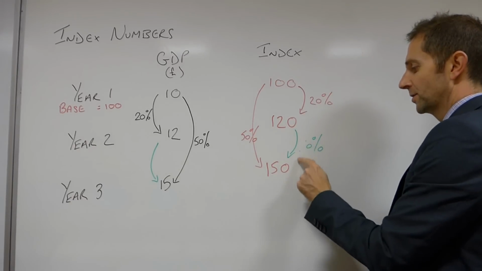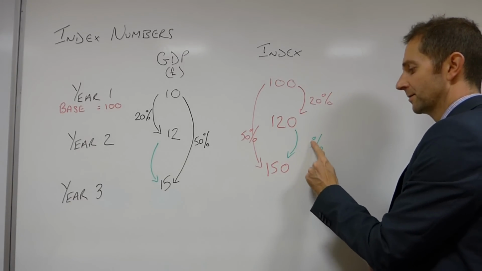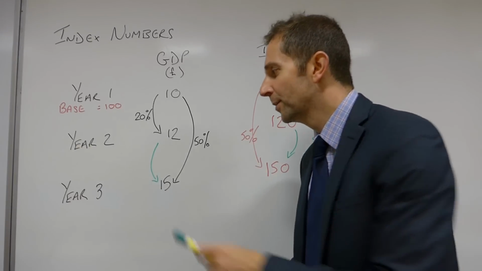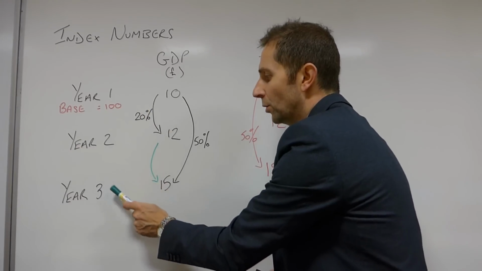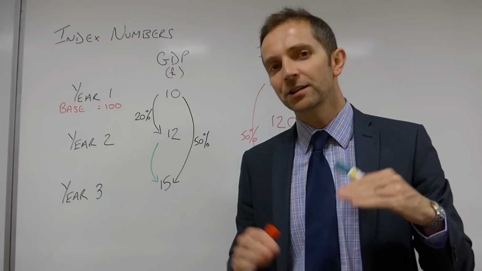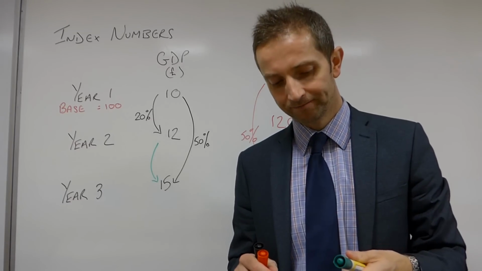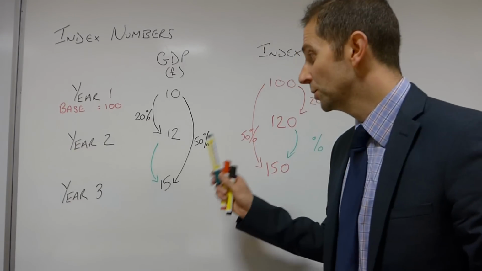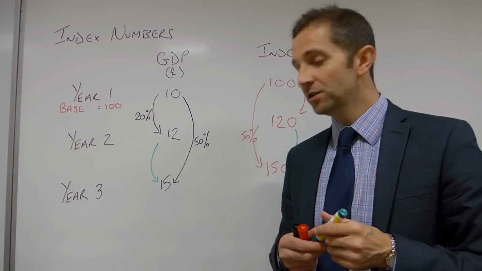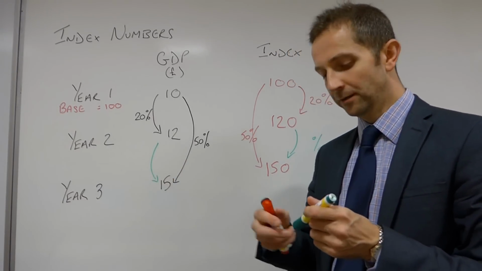So it would be wrong of us to say that that is 30%. Why can we not say that? We cannot say that because neither year 2 nor year 3 are the actual base year. Neither of those numbers is the base year. And so you would actually have to calculate the percentage change from year 2 to year 3.